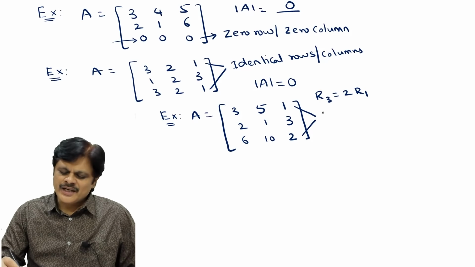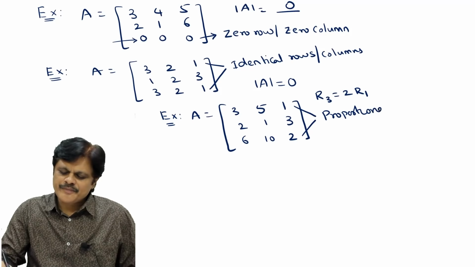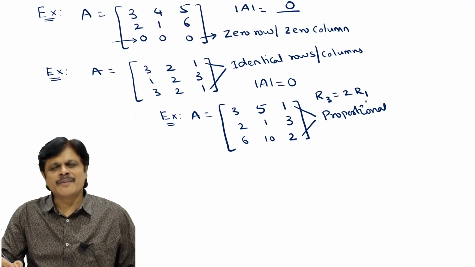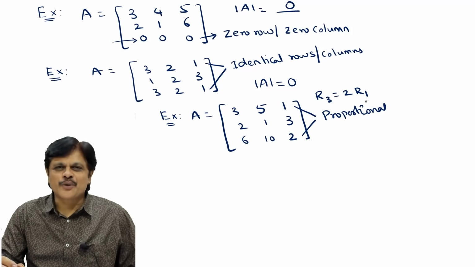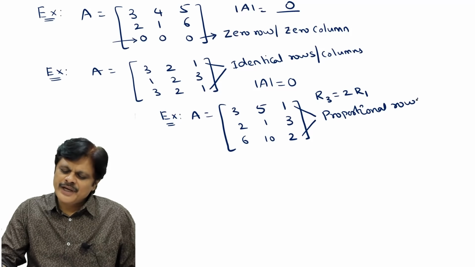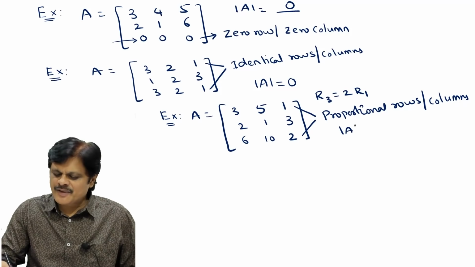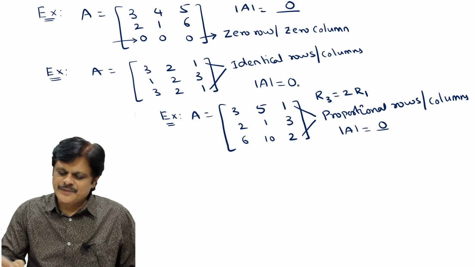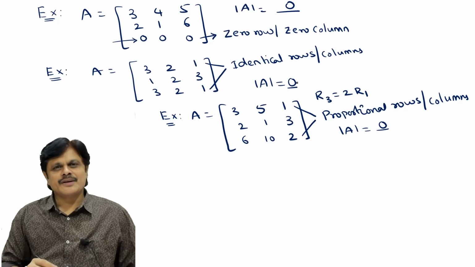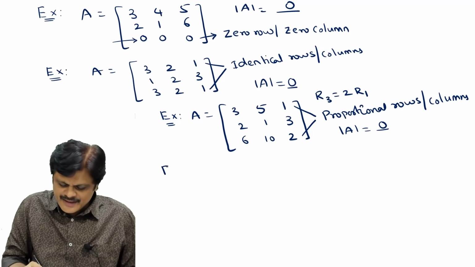Such rows are called proportional rows. You can also call them dependent rows. So whenever you find proportional rows or columns, the determinant of the matrix would be 0. Okay, like that.